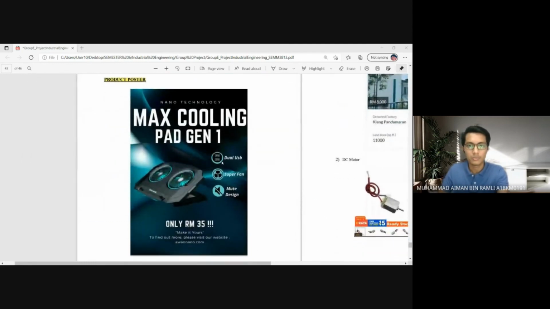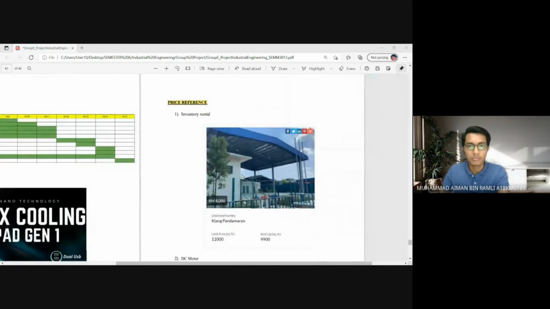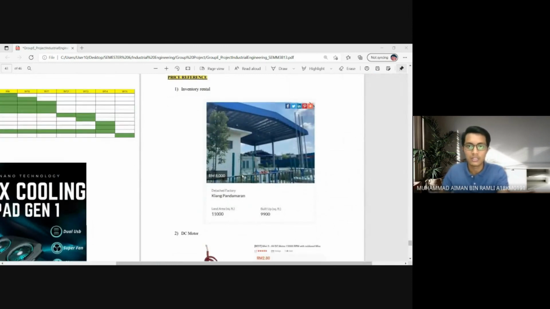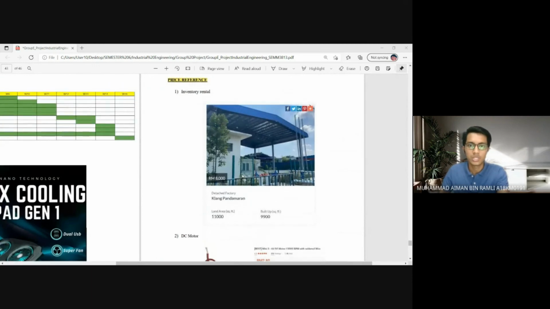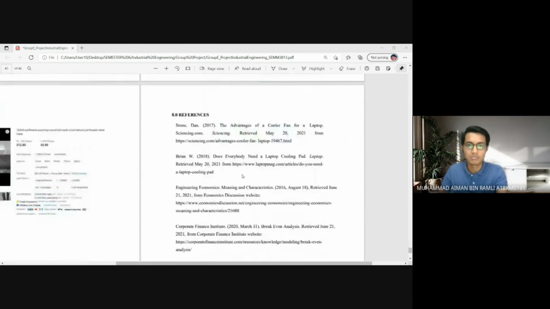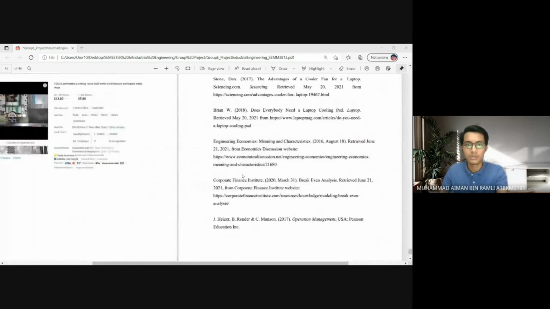This is our product poster made by Mr. Uqbah. And these are some of the price references that we found on the internet to make our assumptions realistic. So we referred to Google or the internet in making some assumptions. And I think that's all from our group.